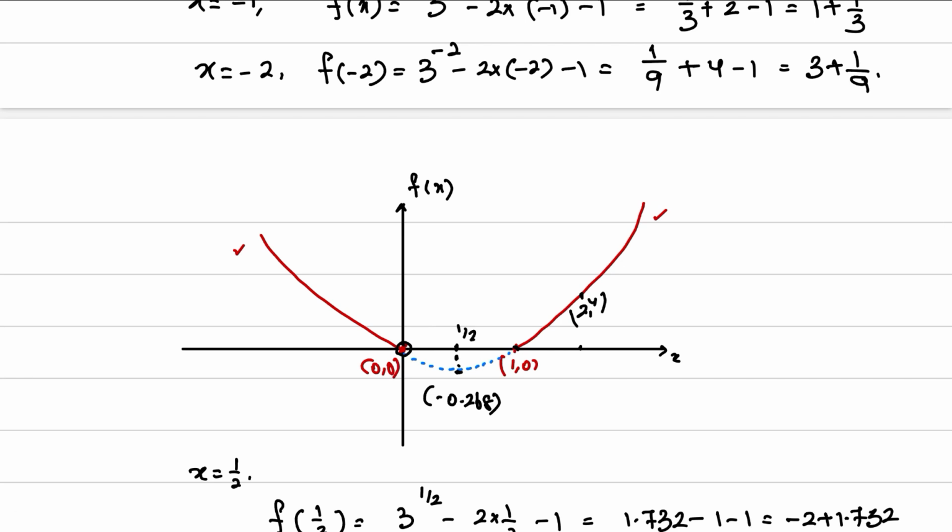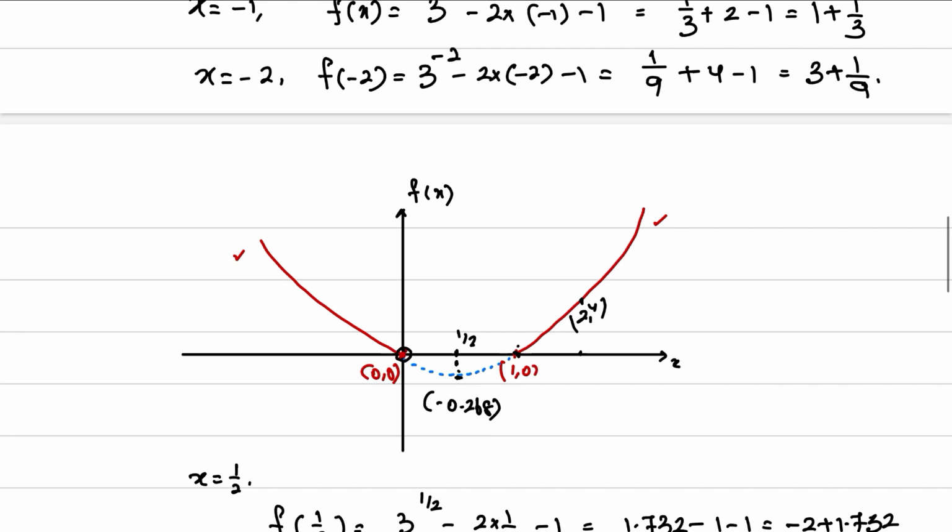That means between x is equal to 2 and x is equal to half, there is a positive to negative value. There is a transition. This transition point is called a root. You are able to understand, I feel.